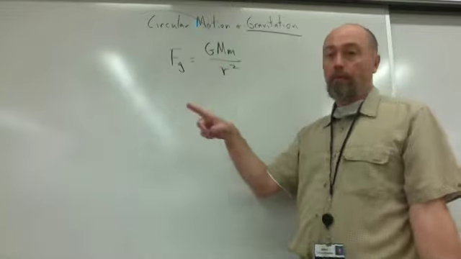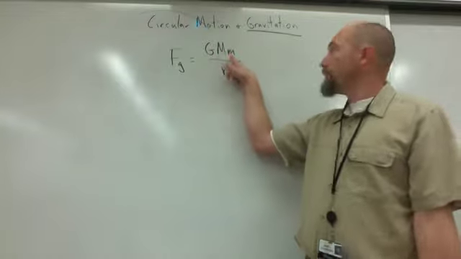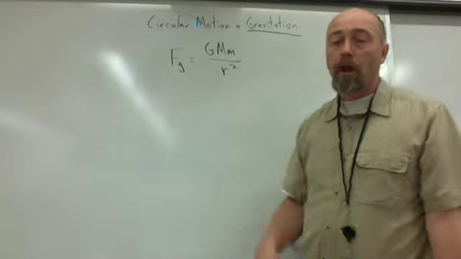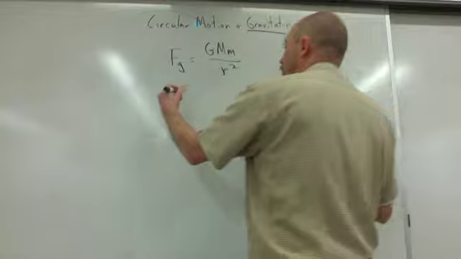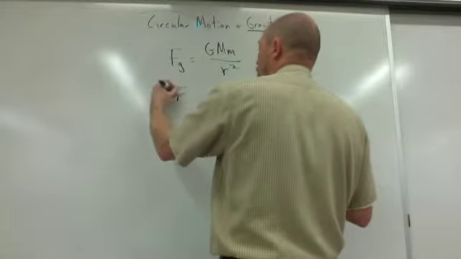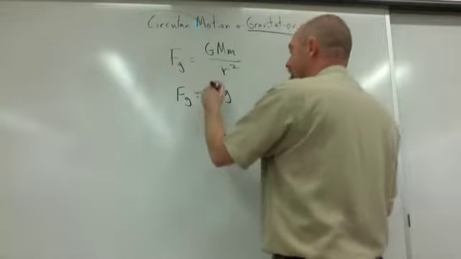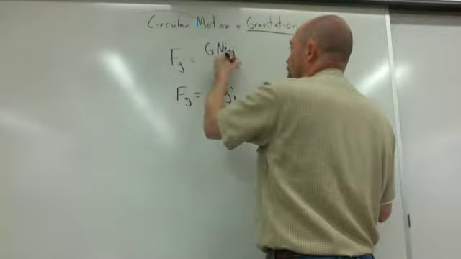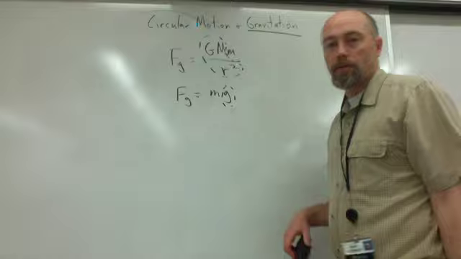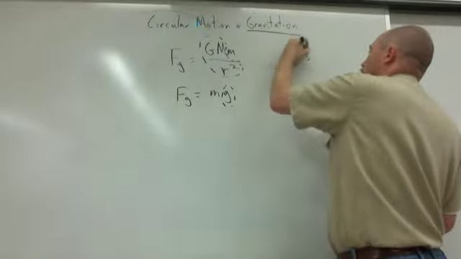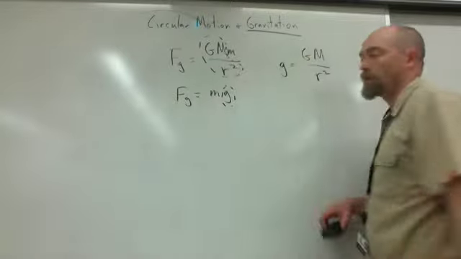Well, what are the two m's there? M from the Earth, M from me, okay? We talked about how this is related to Fg equals mg. Well, that means then g is equal to that, where g was equal to GM over r squared.